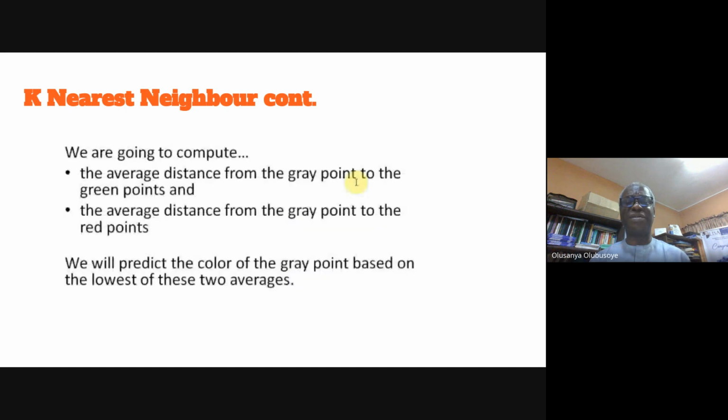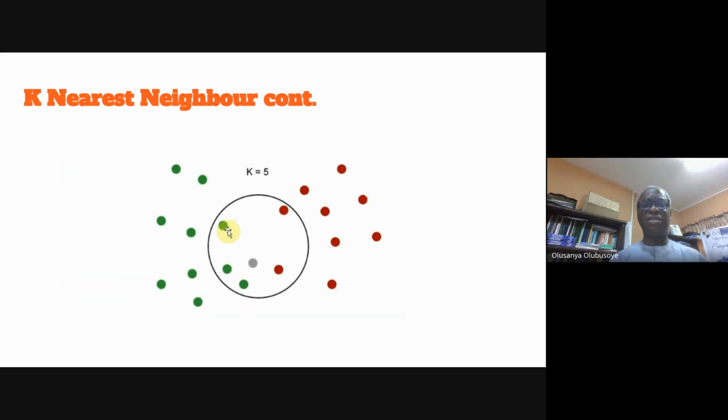nearest neighbors. So having chosen the 5 nearest neighbors, we will then compute the average distance from the gray point to the green points. For each of the green, we get the distance, and then we find the average of the 3 distances.